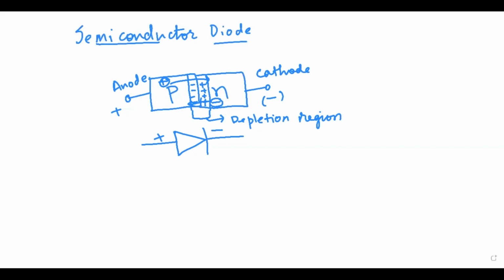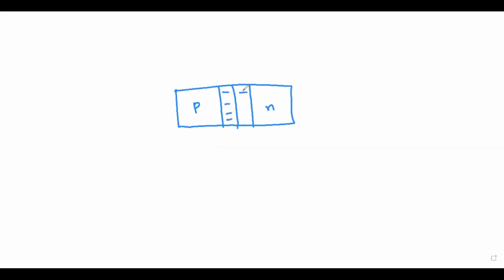Now, when these diodes are unbiased, it means there is no external supply connected. When there is no external supply connected, the diffusion process takes place and a depletion region is also formed.